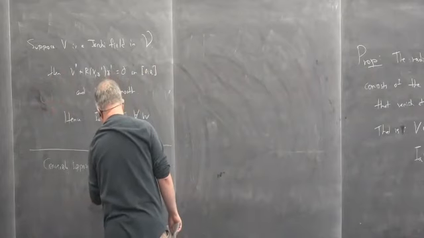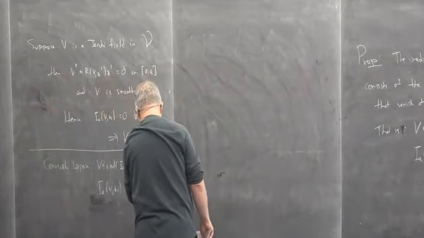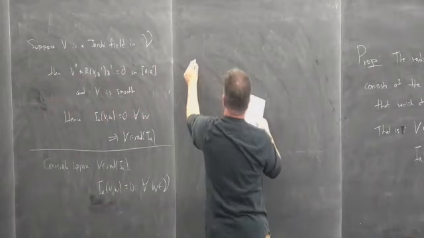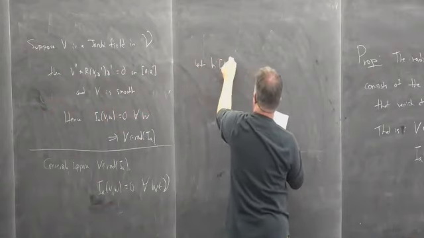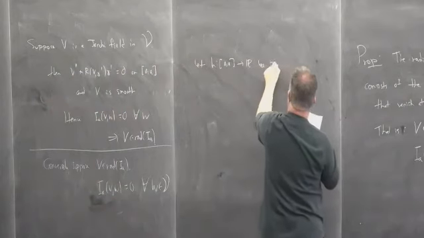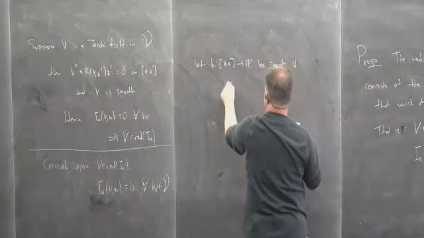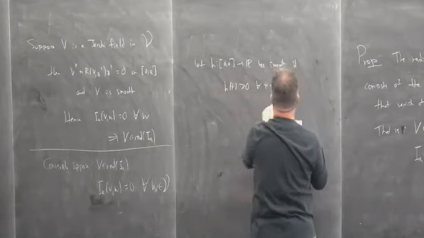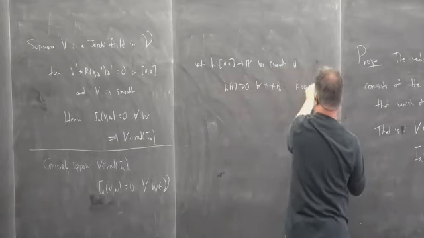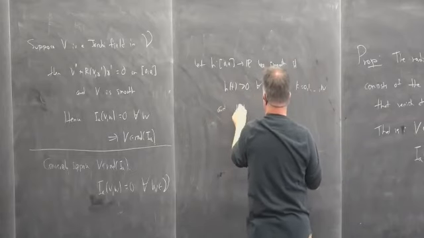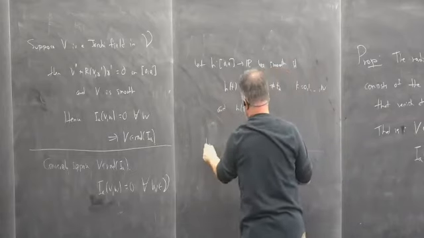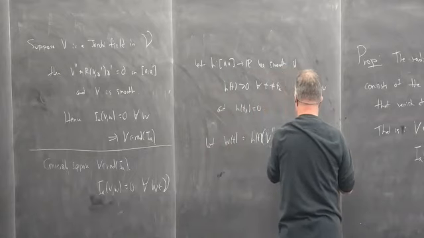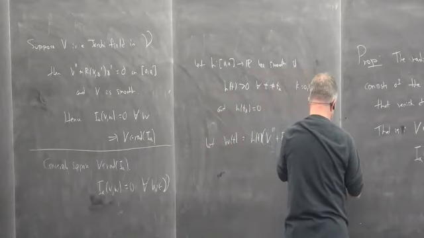This means that IA of V, W is 0 for all W in script V. Let H be a smooth function such that H of t is positive for all t not equal to the tk, k equals 0 up to n, and H of tk equals 0, and let W of t be H of t times V double prime plus R of V gamma prime gamma prime.